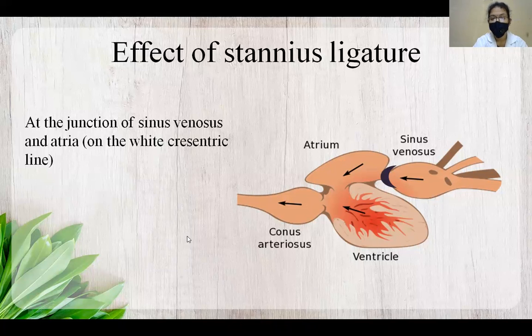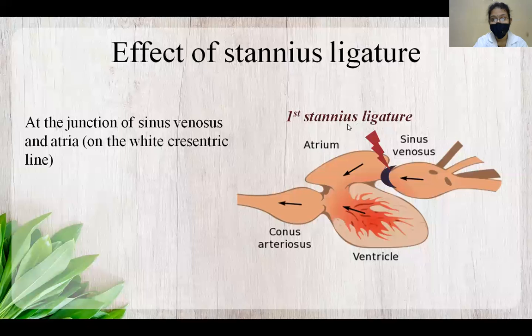So after some time you see that. This ligature is known as the first Stannius ligature. Means the first Stannius ligature is tied at the junction of sinus venosus and atria, and it corresponds to a structure that is the white crescent line, WCL, on the frog's heart.